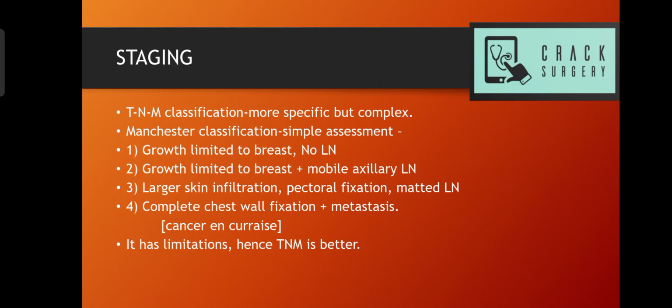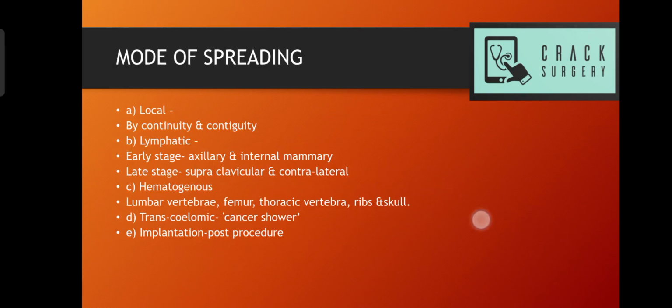Third is large skin infiltration with pectoralis fixation, and matted lymph nodes palpable. Fourth is complete chest wall fixation plus metastasis. It has limitations, hence TNM classification is better. We will discuss TNM classification in a separate video later.